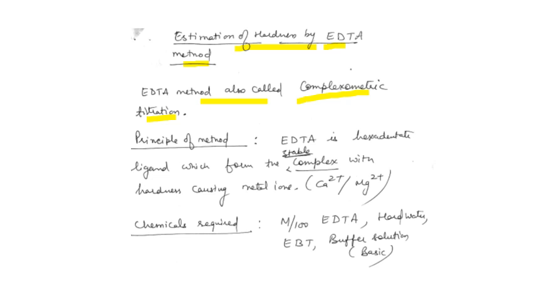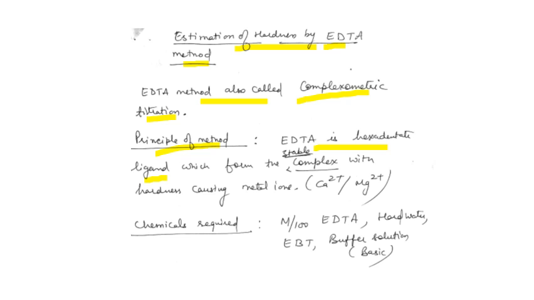So the principle involved in this method, we can easily understand: EDTA is a hexadentate ligand. Hexadentate means having 6 donating sites, from which it can donate electrons.